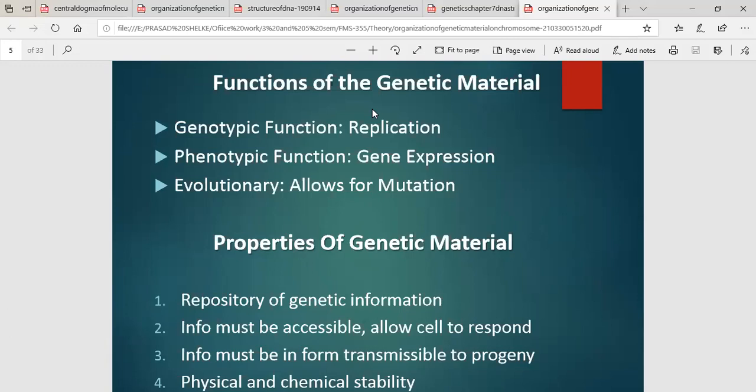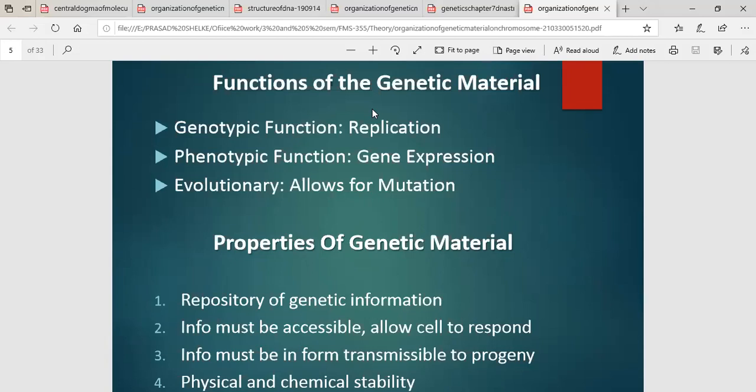The evolutionary function is to allow for mutation. Evolutionary means that it comes from our origins. Every individual comes from his origins, and the origins should be maintained through this genetic material.